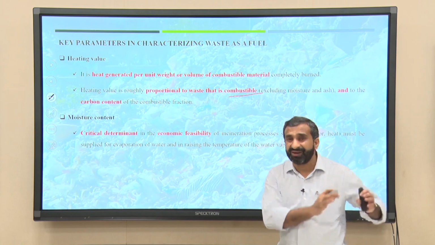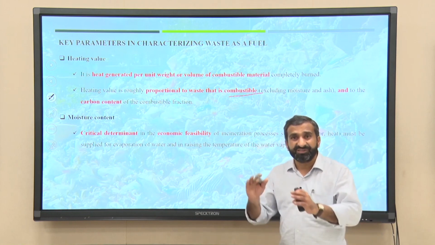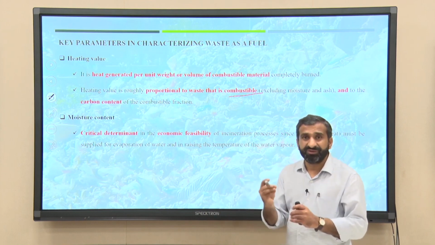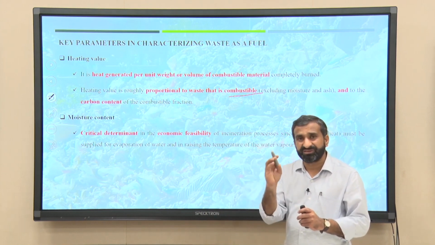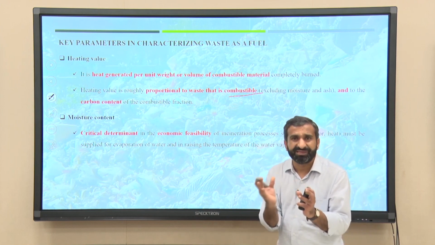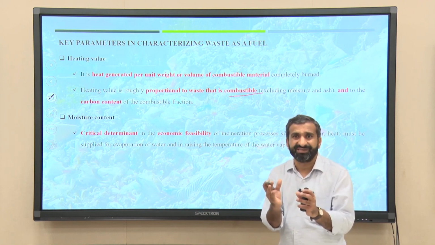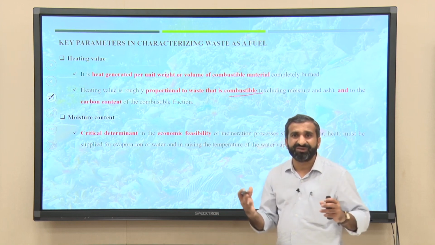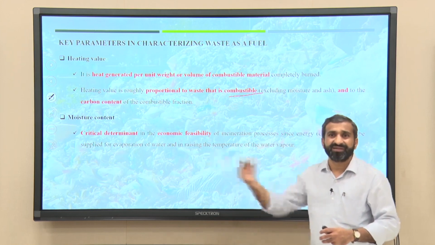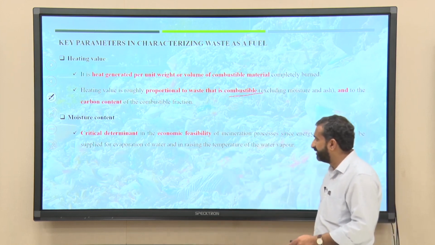So, a lot of unnecessary energy will be required just to dry the waste. Suppose the waste consists of 70 to 80% moisture content, which means the remaining volume is only 20%. So, there is no benefit of combustion, or of getting energy recovery from such kind of material.